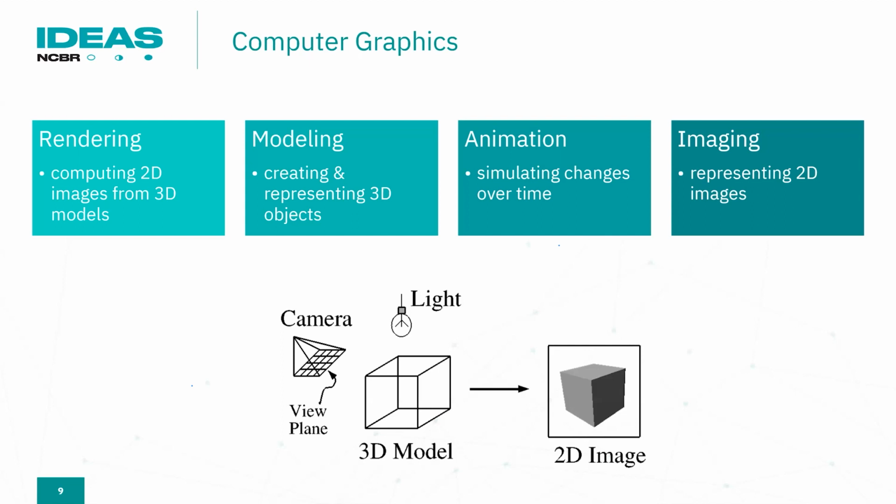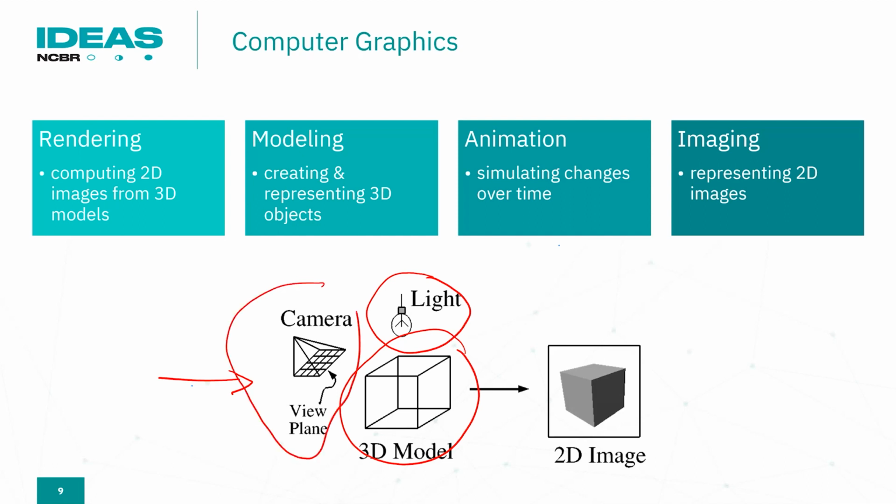And imaging deals with the 2D images we create, and it overlaps with image processing. This crude, very old, simple graphic depicts the 4 tasks of computer graphics. We create a 3D model, including the lights, place a virtual camera, and then create the image using the camera, which gives us the 2D image at the end.